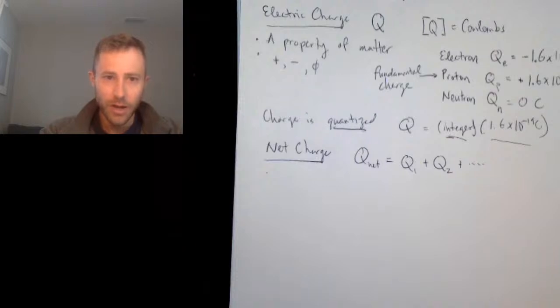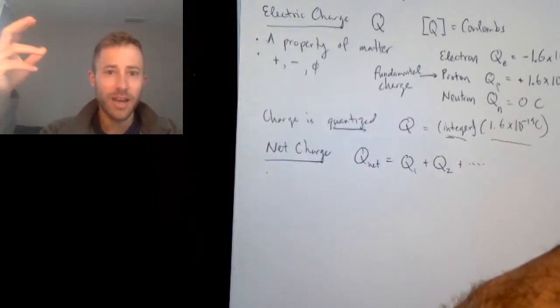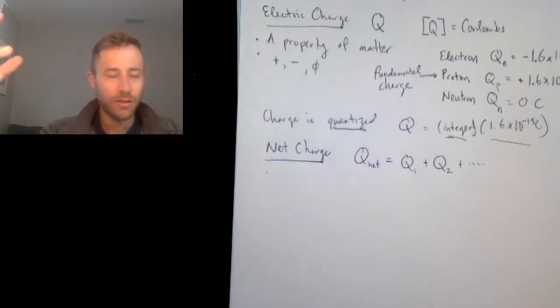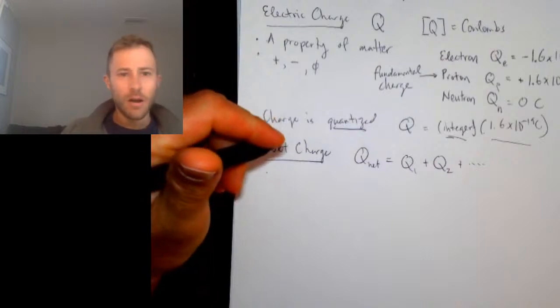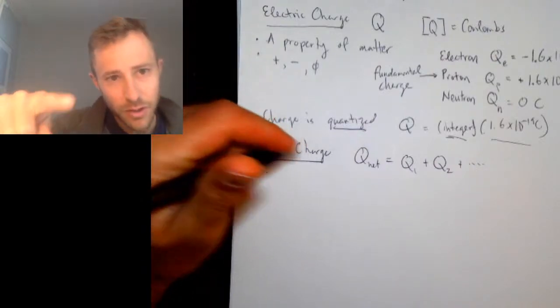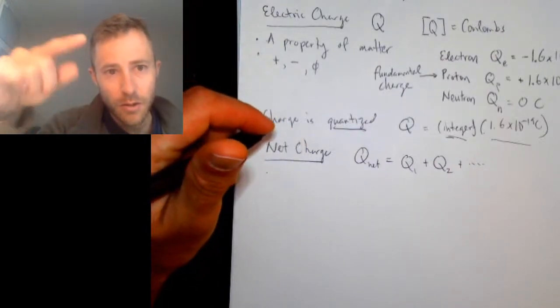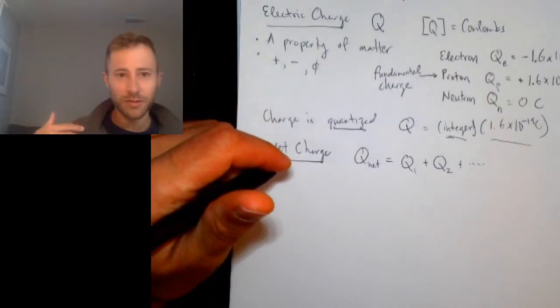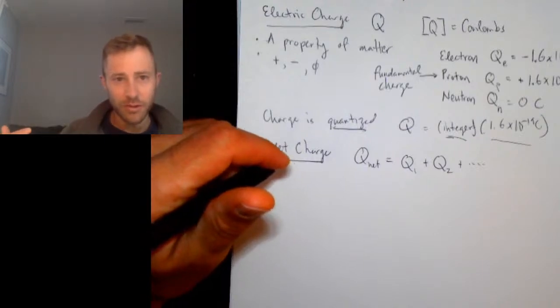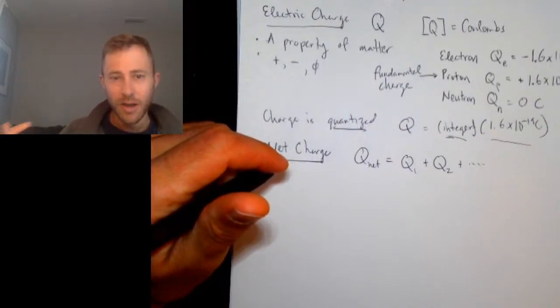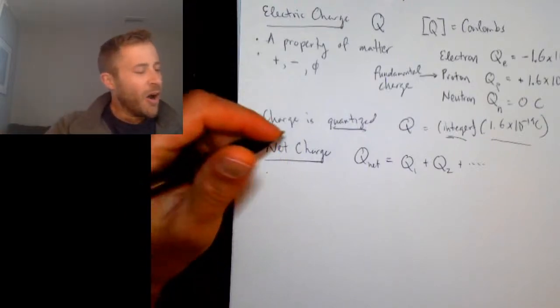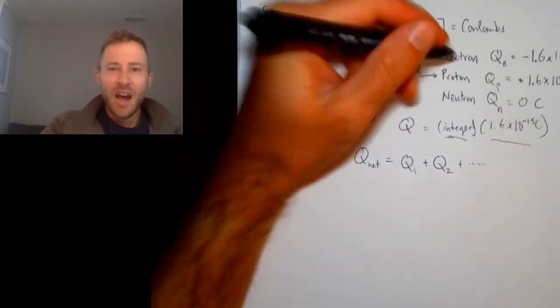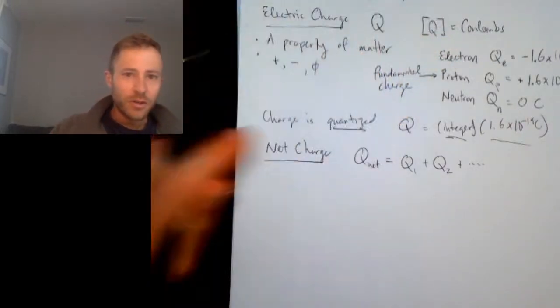Okay, so an ion is an atom that has had electrons added or removed so that it has a net electric charge. If we wanted to find the charge of you, we would do the charge of all the protons minus the charge of all the electrons. Okay? Because you're made up of protons, neutrons, and electrons.